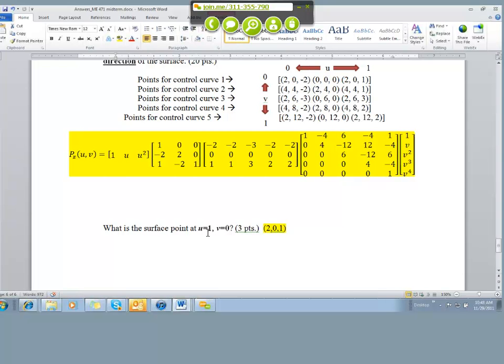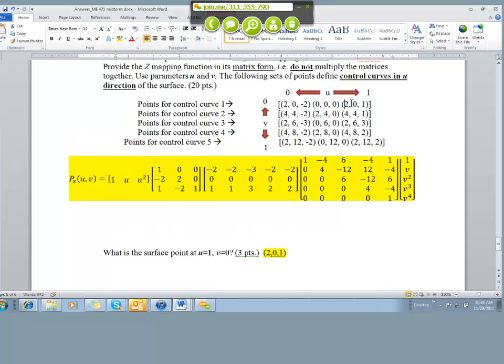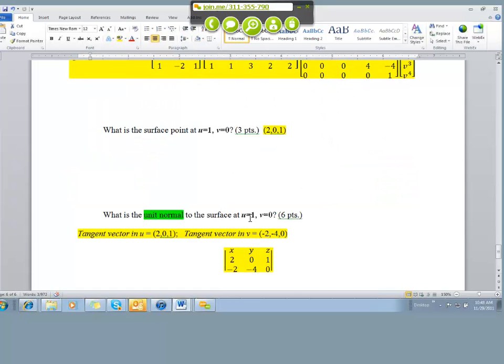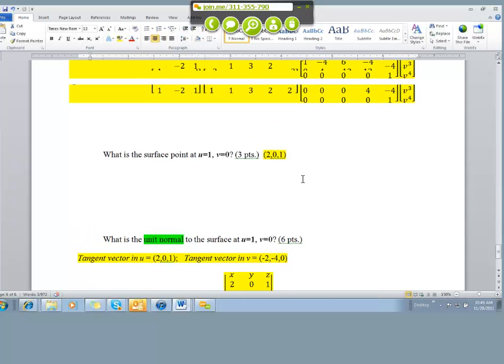The surface at U of 1, V ends up being this point right here. And then the last question is, what is the normal at that point?